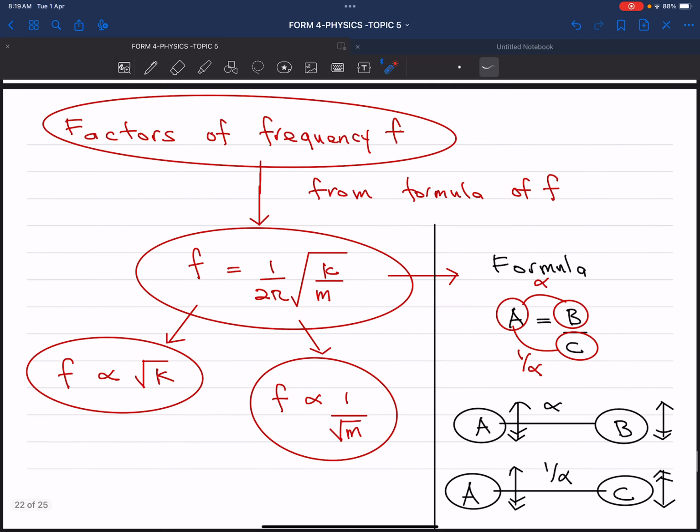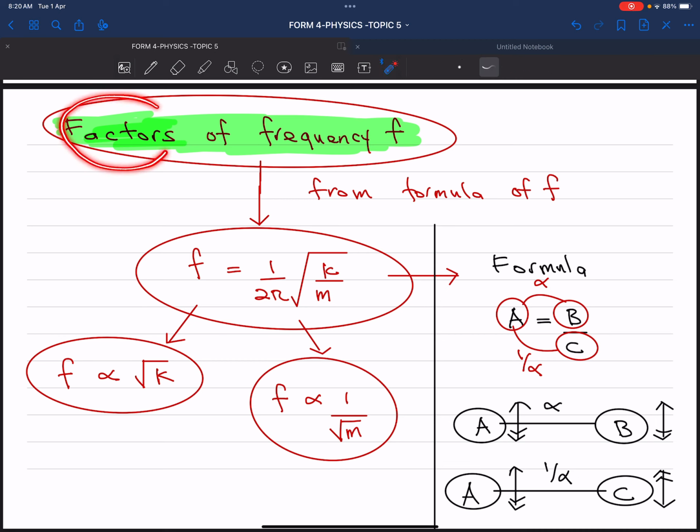Next, now we look at the factors of frequency f. Meaning, what are the things that are going to affect the frequency?